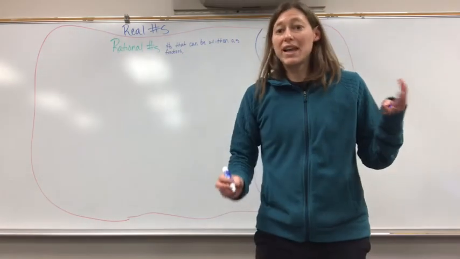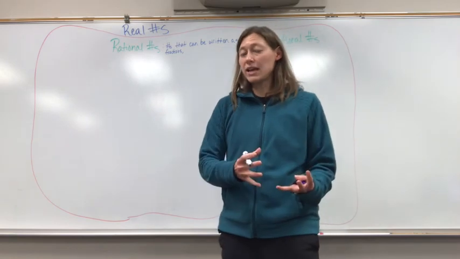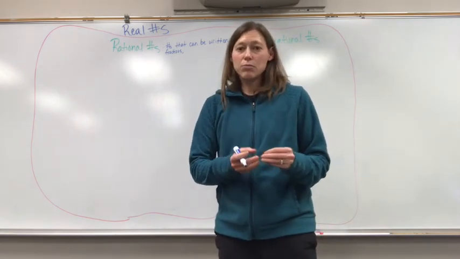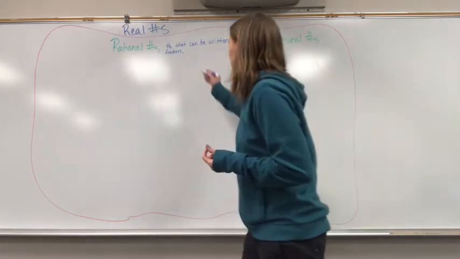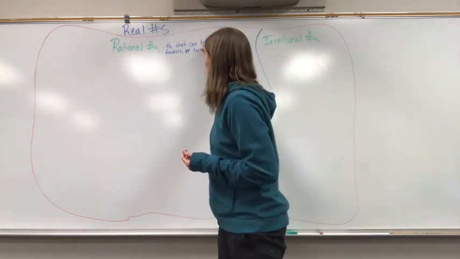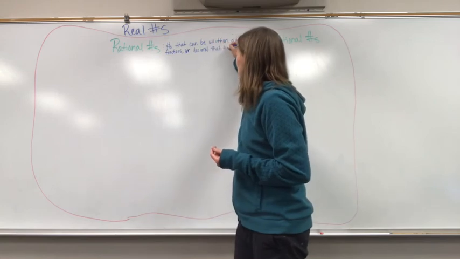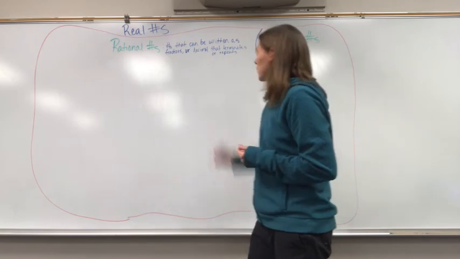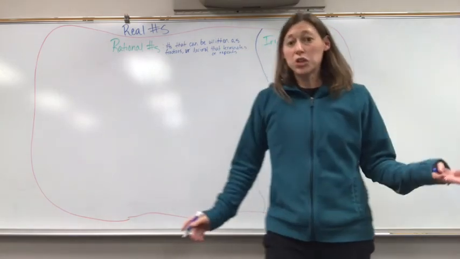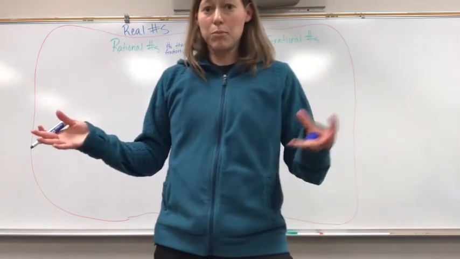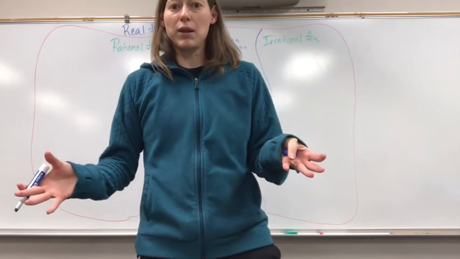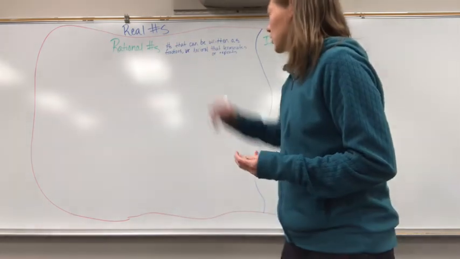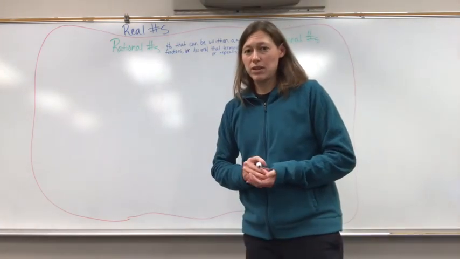Those numbers can be written as a decimal, like a terminating decimal, which is a decimal that ends, or a decimal that repeats. Okay, so rational numbers include your counting numbers, like 5, because 5 can be written as a fraction, 5 over 1. So rational numbers are most of the numbers that we think about.